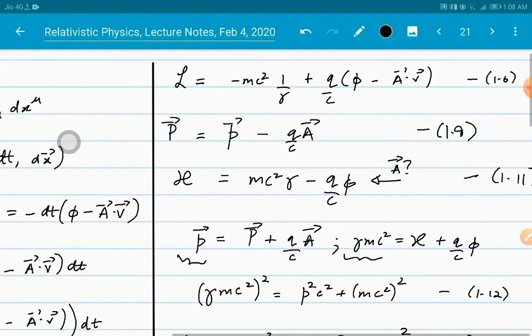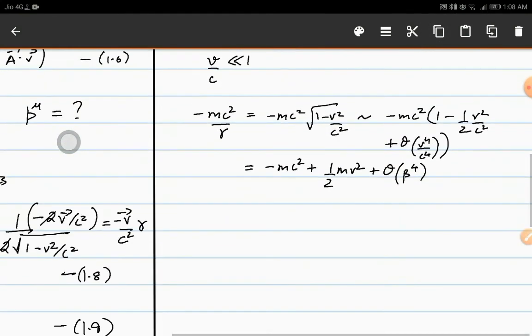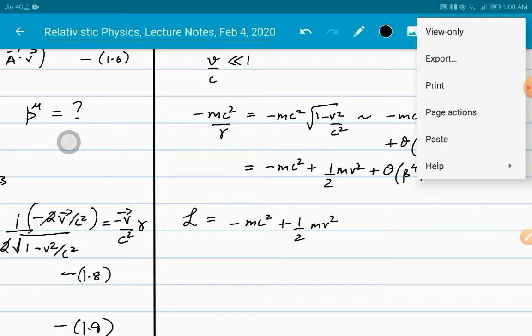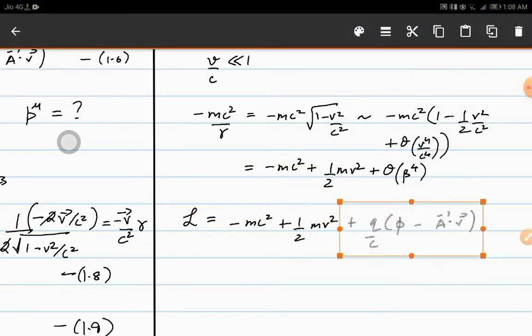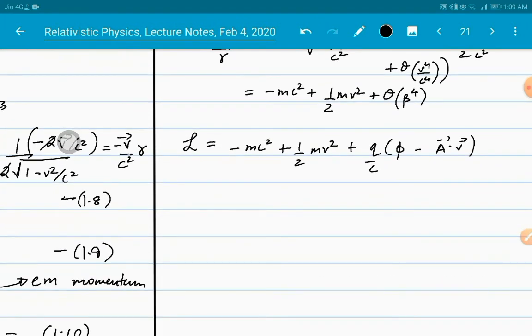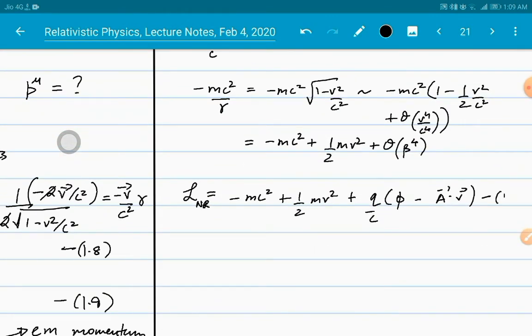And so then our Lagrangian becomes L is equal to minus mc square plus 1 half mv square plus the electromagnetic contribution. So we'll put a non-relativistic NR here to indicate the fact that this is a non-relativistic Lagrangian, and from this we can obtain the canonical momentum again by following the same procedure.